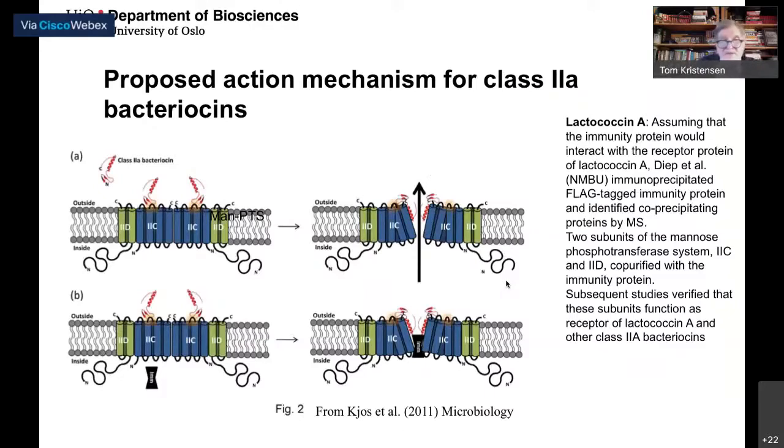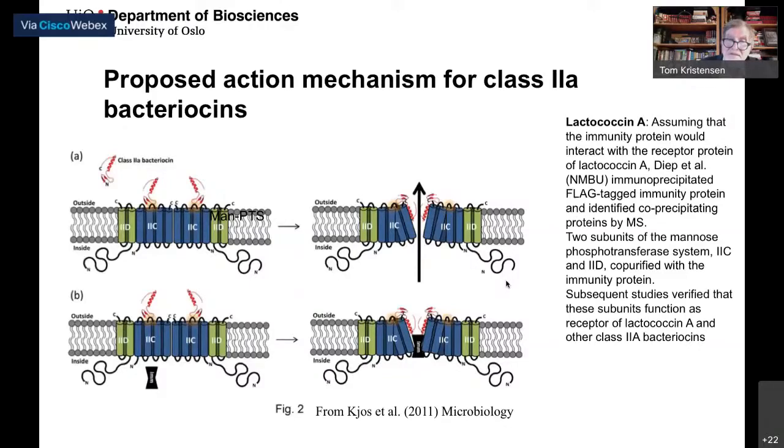Bacteriocins have been studied for quite a number of years, and all through these years, it has been vigorously debated how they actually function. One interesting thing with bacteriocins is that many of them are extremely potent.